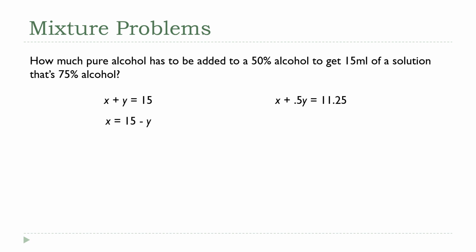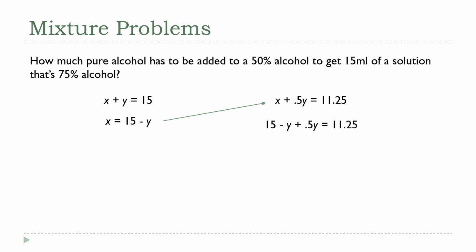I'll subtract y from both sides, and it turns into x equals 15 minus y. Now I'm going to take that expression for x, that 15 minus y, and substitute it into the other equation. If I replace that x with 15 minus y, the equation becomes 15 minus y plus 0.5y equals 11.25.